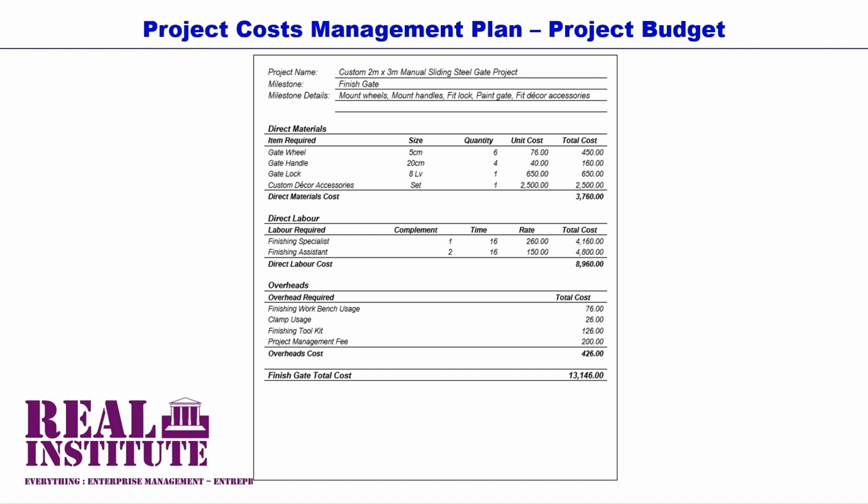A similar regime, logic or pattern is followed for the rest of the phases, as demonstrated for the gate finishes milestone, where direct materials are costed at 3,760, direct labor is costed at 960, and overheads are costed at 426, and the total cost for the milestone is 13,146.